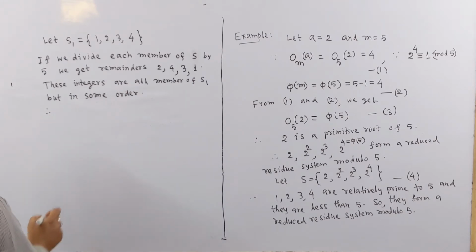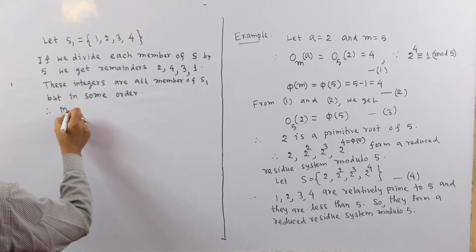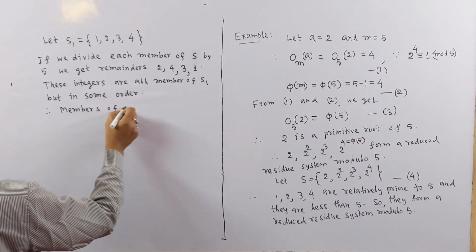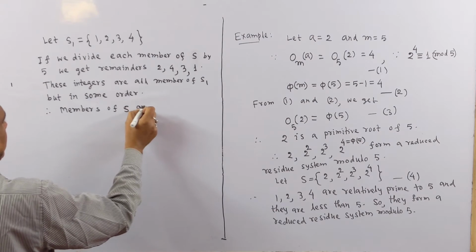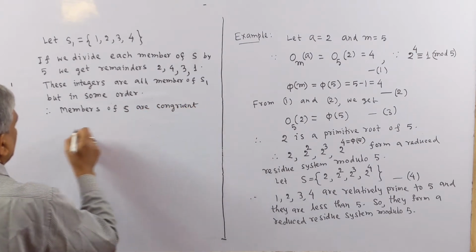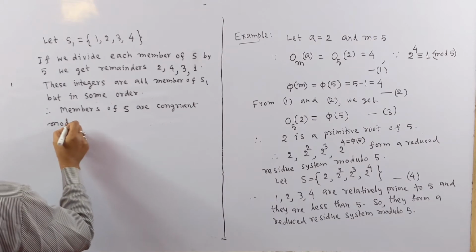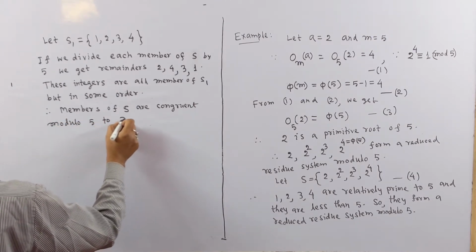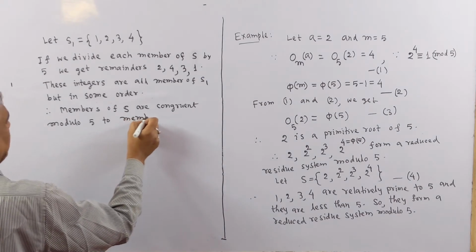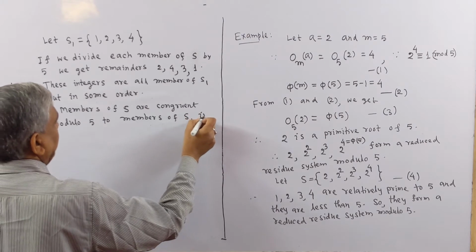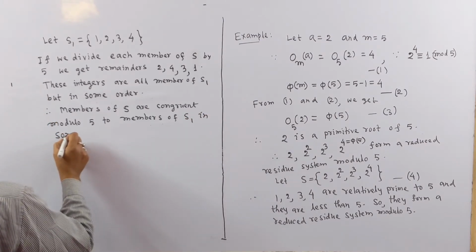Therefore, members of S are congruent modulo 5 to members of S1 in some order.